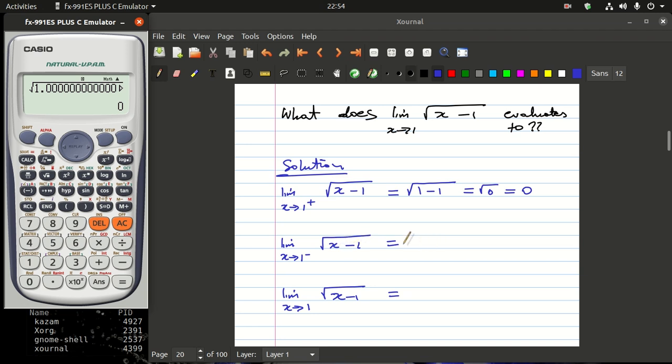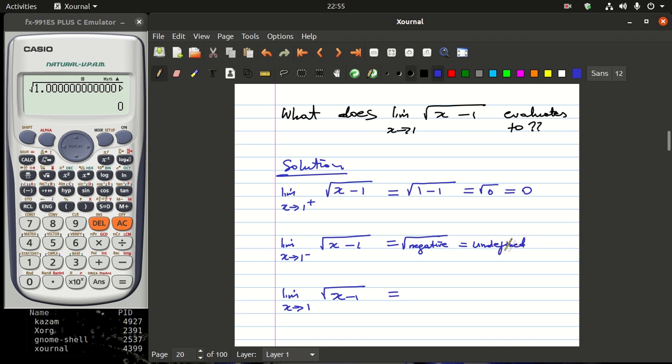Let me repeat: if I pick a value close to 1 but on the left, that value will always be less than 1. So I have something smaller, I'm subtracting something bigger, and I will be left with a negative inside the square root, and you end up getting an undefined, or a syntax error.